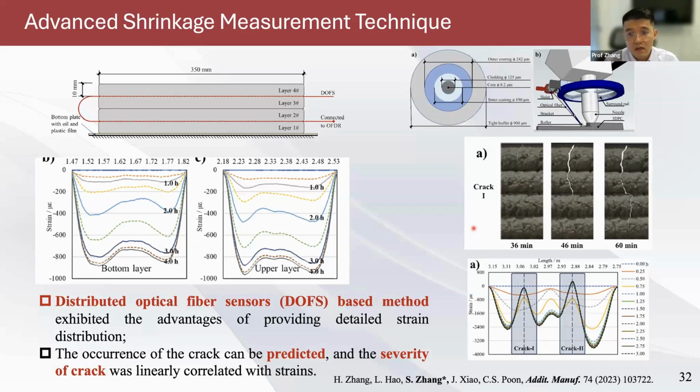With those sensors, we achieve that the occurrence of the crack can be predicted, and also the severity of the crack can be linearly correlated with the experience. And those optical fibers can not only serve early age monitoring purposes, because they are embedded in the printed concrete, they can also be used for long-term monitoring purposes.